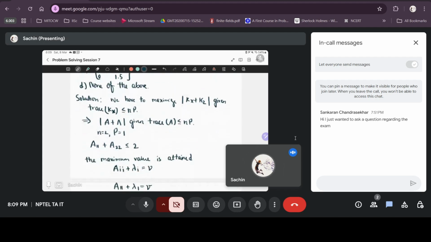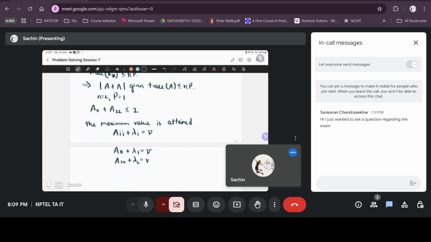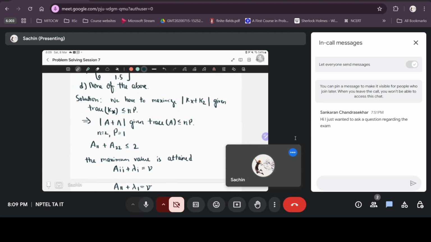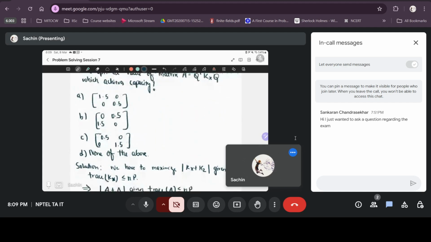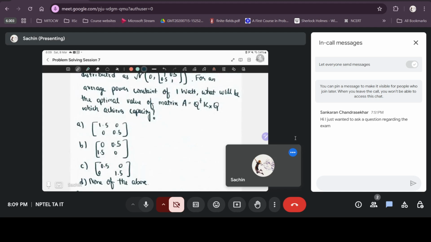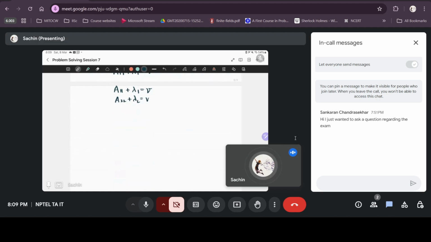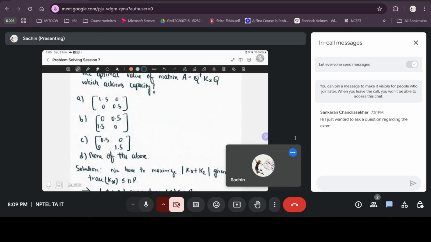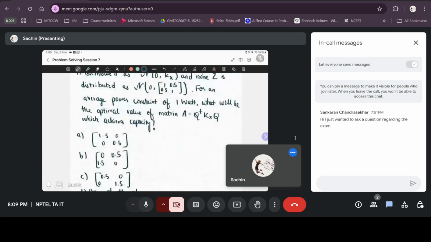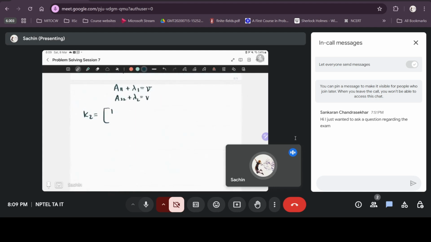Now the lambdas are the eigenvalues of the matrix Kz, and we need to find Q and Q transpose. That also comes with the singular value decomposition of Kz. Kz is 1, 1/2, 1/2, 1.